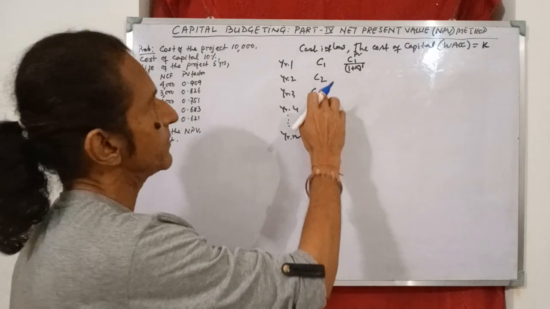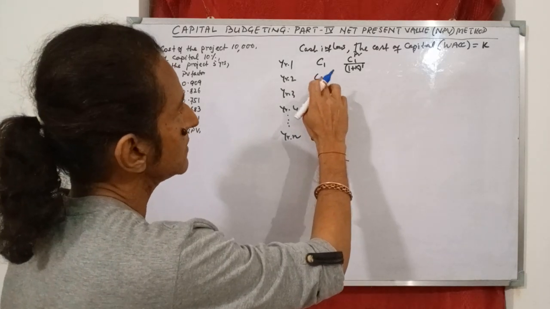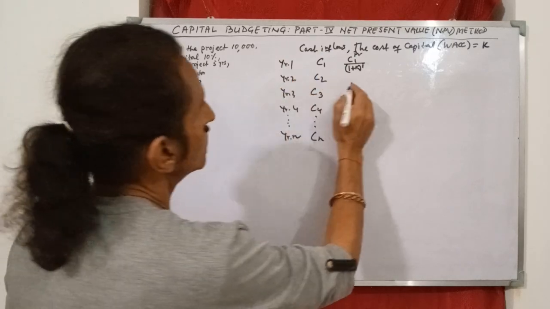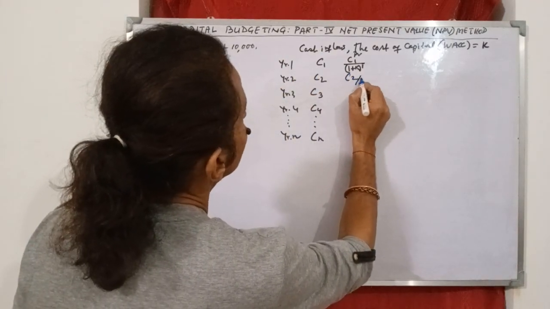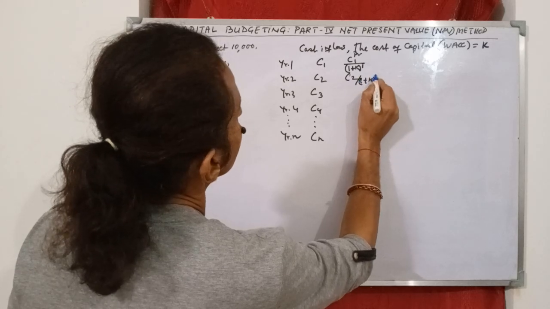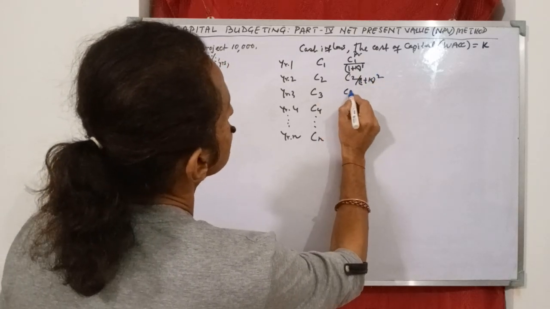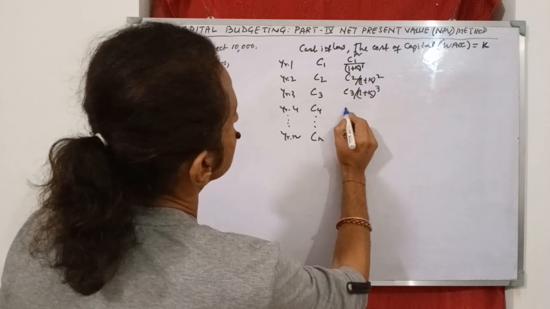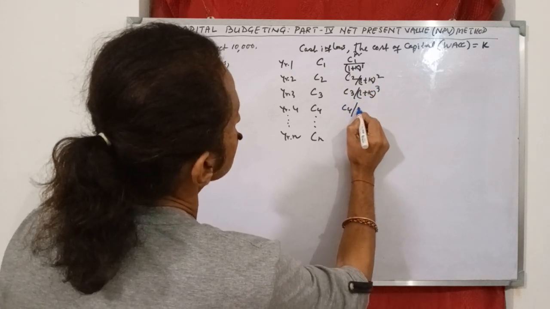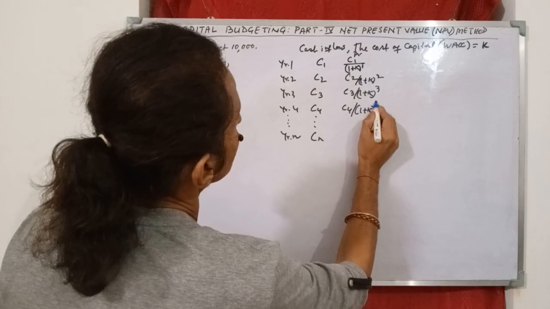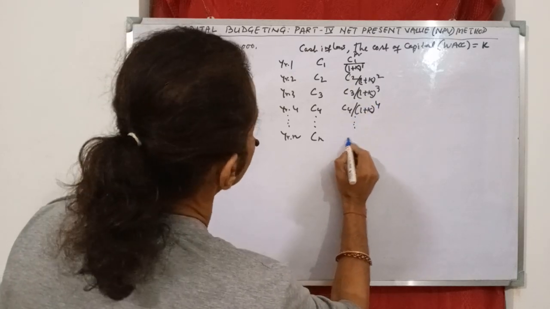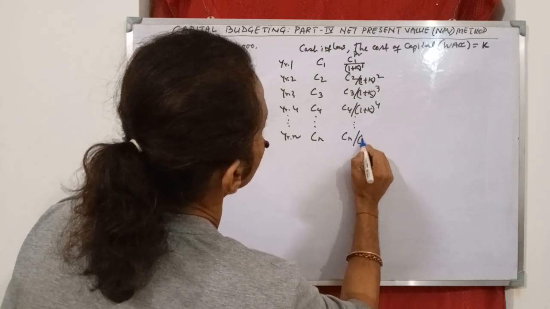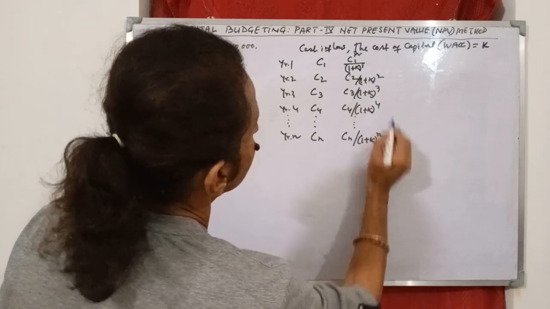Similarly, the present value of C2, that is the present value of cash inflow after the end of year 2, will be C2 divided by 1 plus K to the power 2. This will be C3 divided by 1 plus K to the power 3. This will be C4 divided by 1 plus K to the power 4, and this way this will be Cn divided by 1 plus K to the power n.